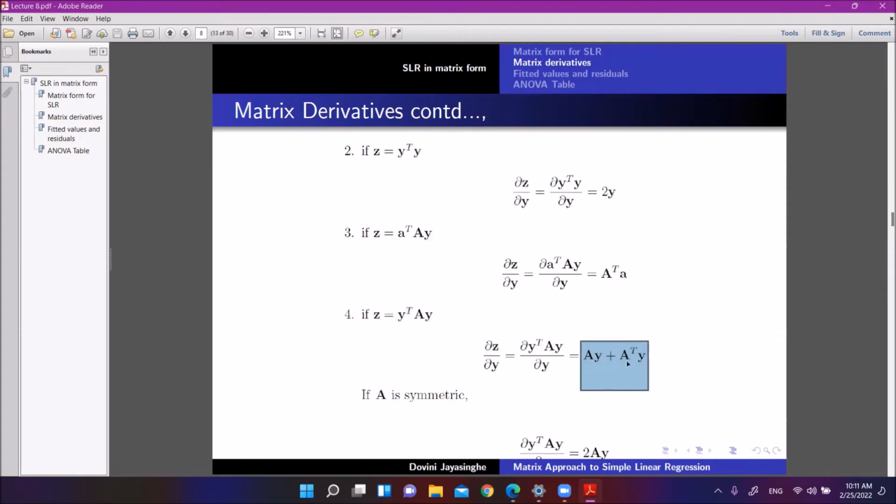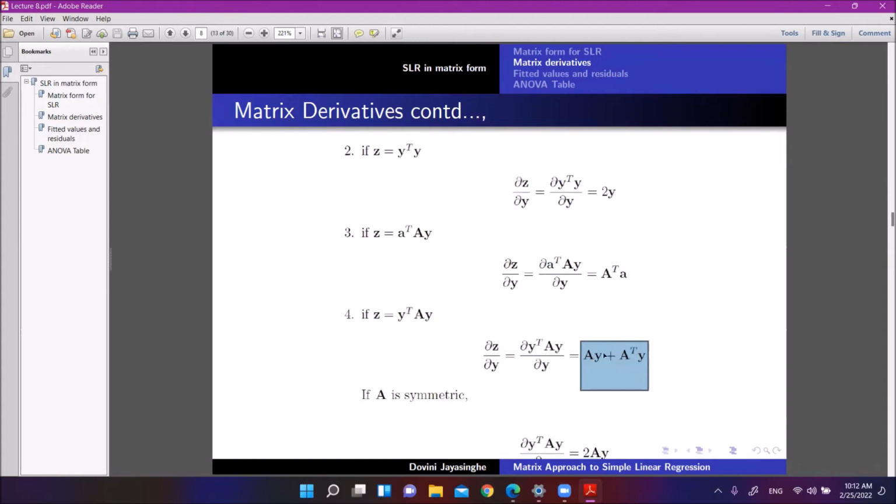And if some matrix is symmetric, the transpose of that matrix is equal to the matrix, because if it is symmetric, you can interchange the sides. You can interchange rows and columns, it doesn't matter if it is symmetric.